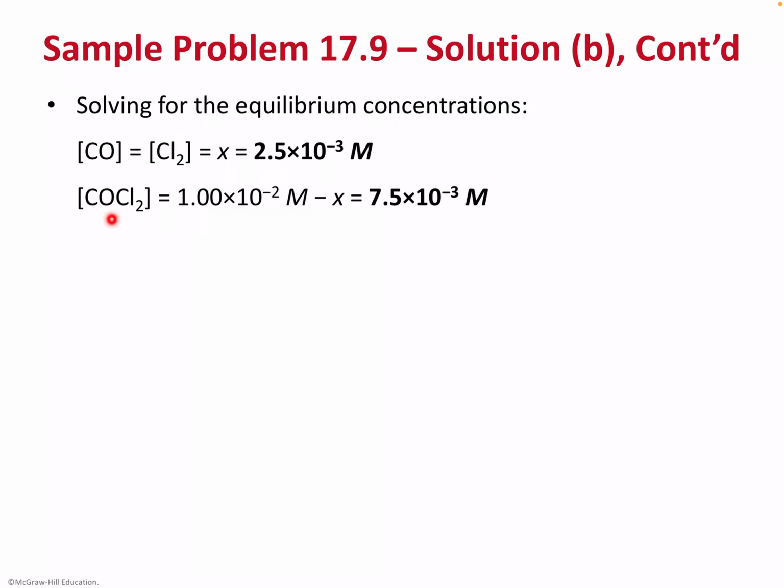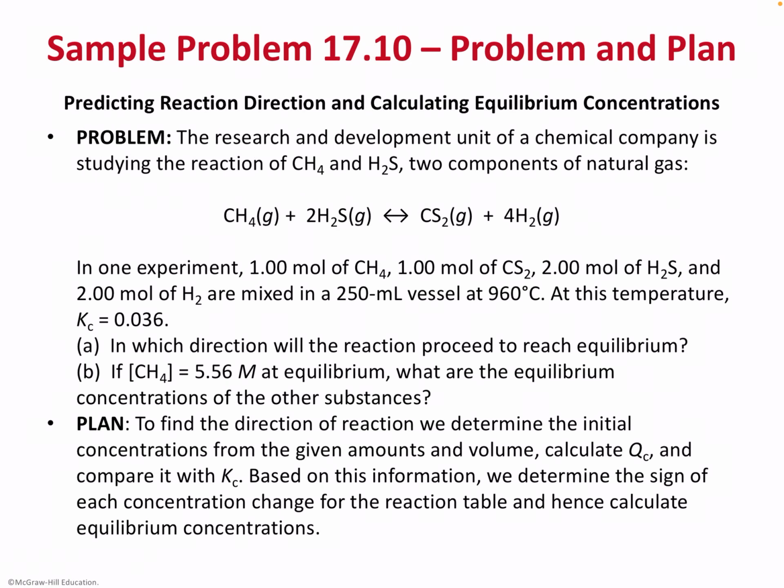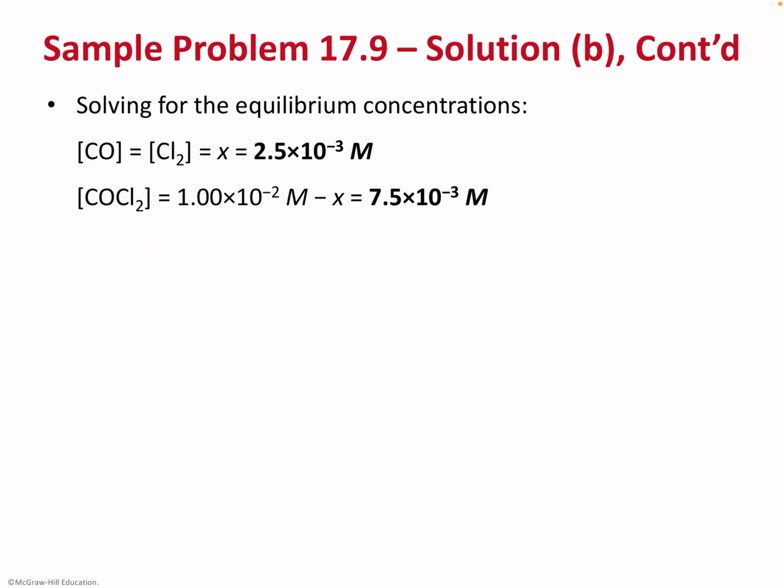So x happens to be this number from the quadratic equation, and then 0.01 minus x would be for phosgene, COCl2, 7.5 into 10 to the negative 3 molar. Okay, so we'll stop.